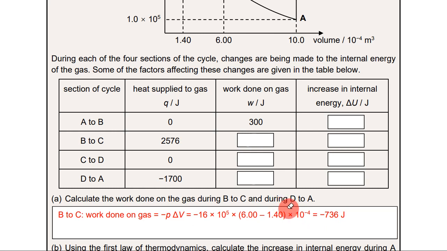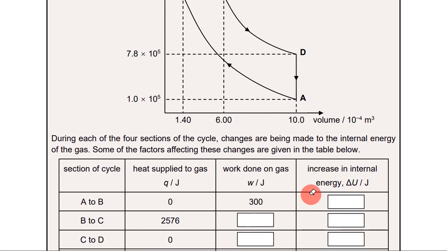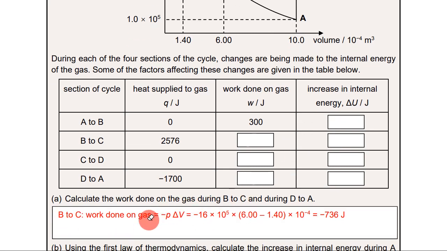Next, find the work done during D to A. Let's check out what happened during D to A. If you look at D to A, the volume remained constant. That means there's no change in volume. What is the work done when there's no change in volume? Well, the answer is 0.